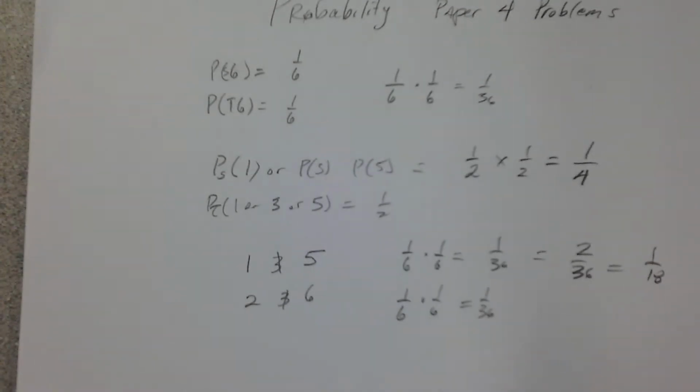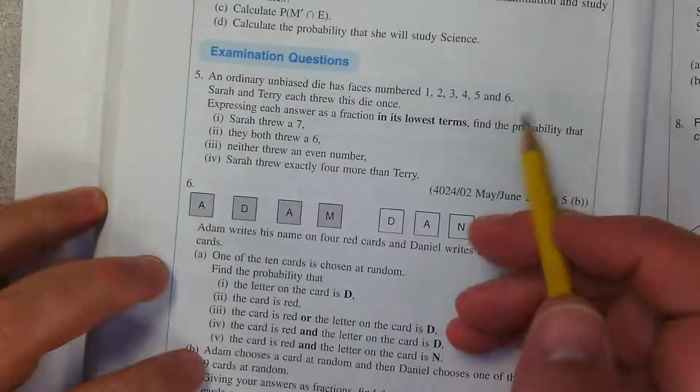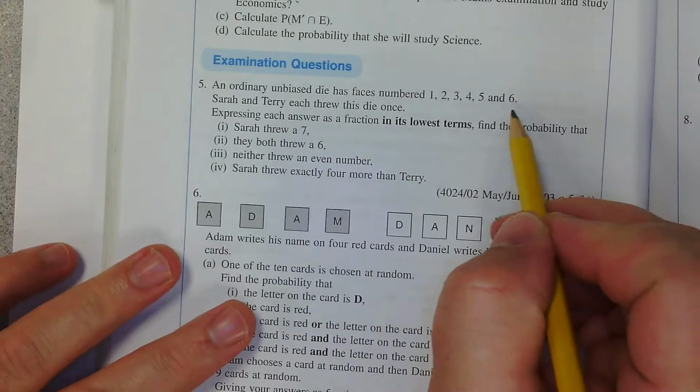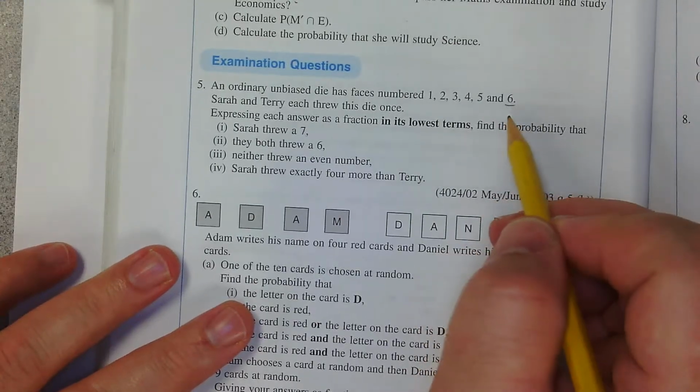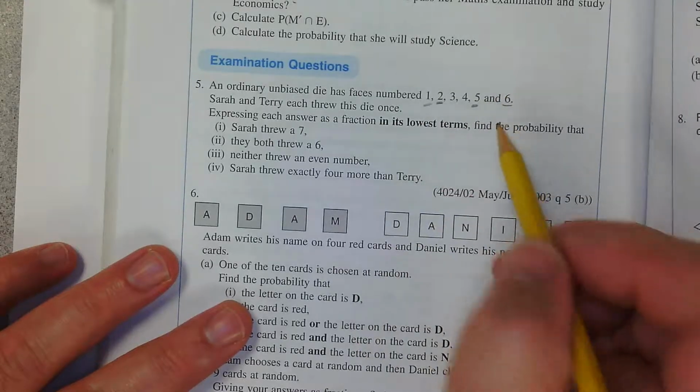So, good to go? Here's the deal with this one. The question says, find the probability that Sarah threw exactly 4 more than Terry. That would mean that if she threw a 6, the other one would have to throw exactly a 2, or a 5 and a 1.